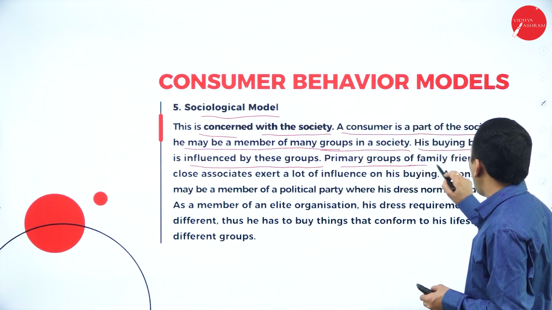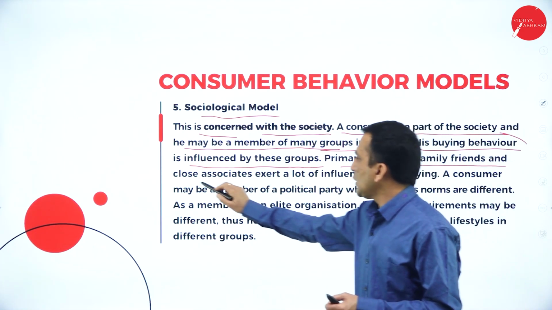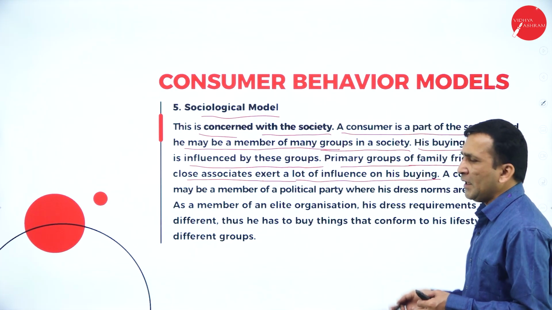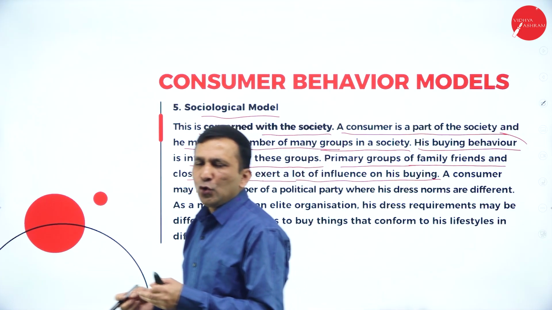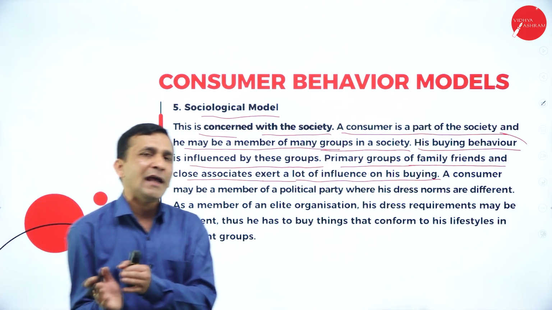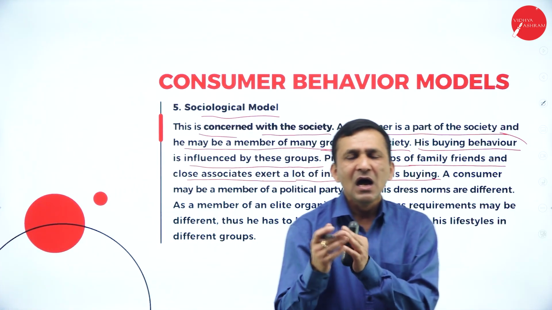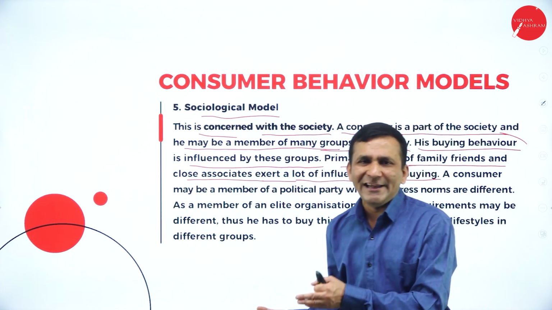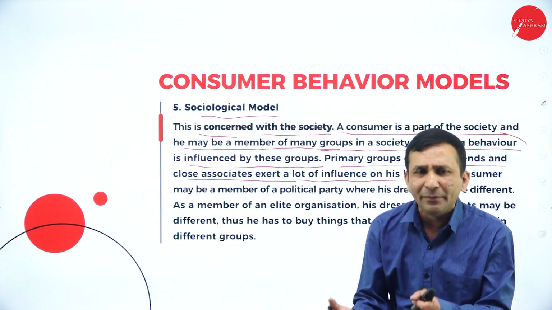The primary group of family, friends and close associates exerts a lot of influence on buying. So at the time of buying, if you don't have any idea, you try to take an opinion or suggestions from other circles, like a friend circle, colleagues, co-workers or family members.